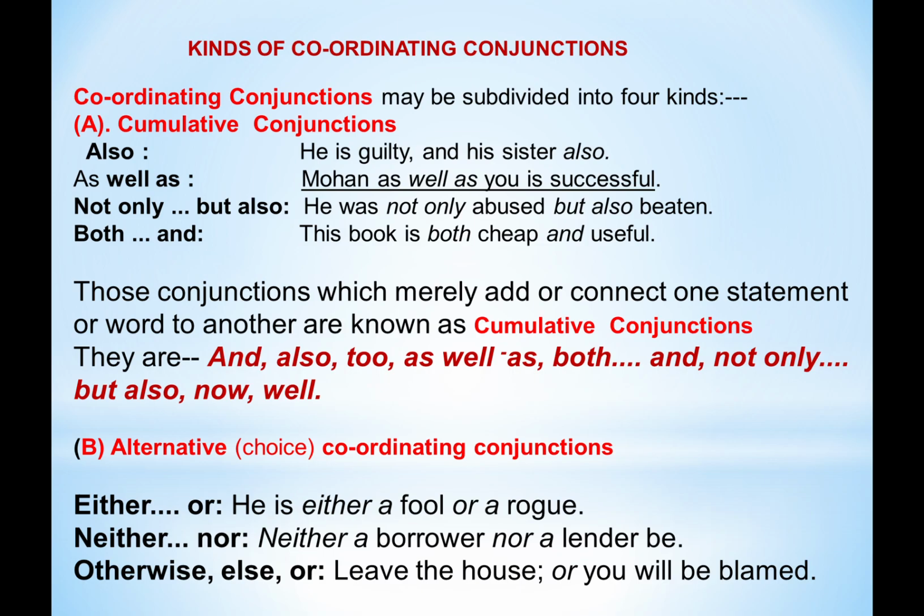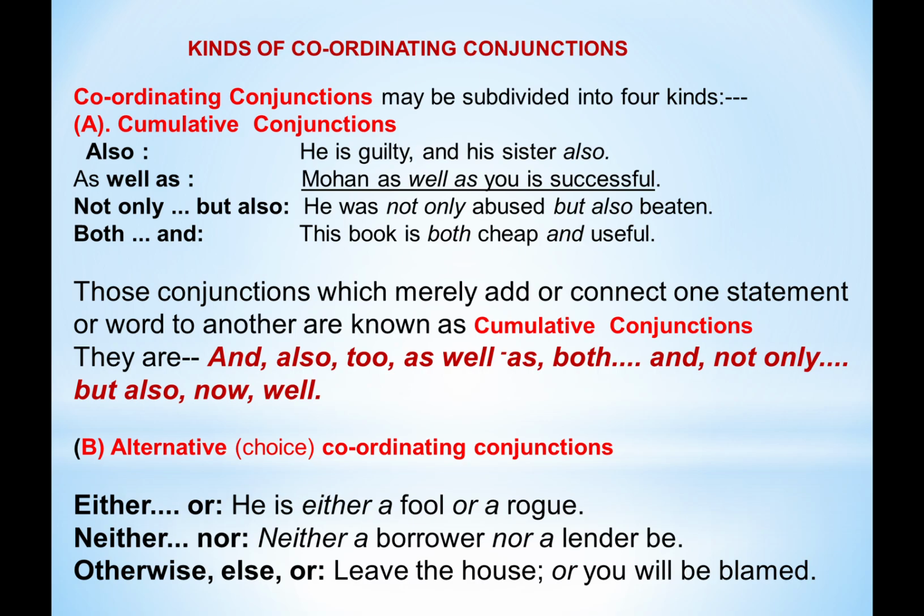Kinds of coordinating conjunction. Coordinating conjunctions may be subdivided into 4 kinds. First one is cumulative conjunction. Also: He is guilty and his sister also. As well as: Mohan as well as you is successful. Not only but also: He was not only abused but also beaten.